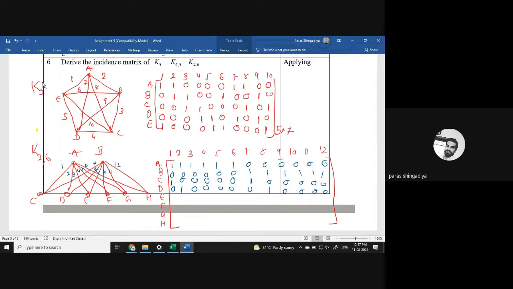okay. Then after that E is connected with the third edge and 9, so consider 3 and 9 as 1 and put 0 in the rest of the entries, okay. And then F is connected with the fourth edge and 10, so put 1 at 4 and 10 and keep the rest 0, okay.